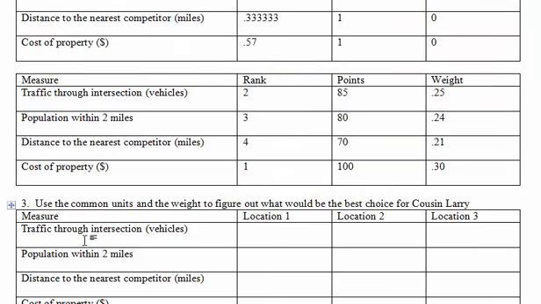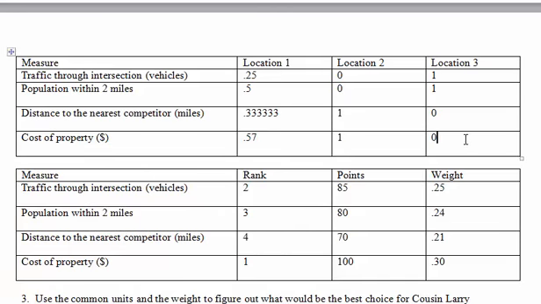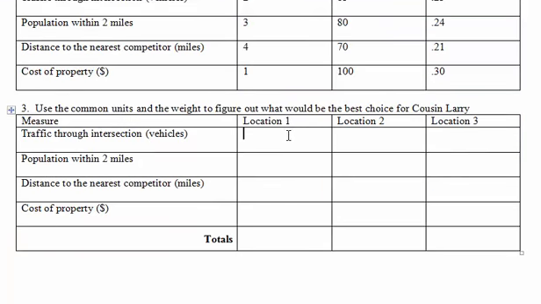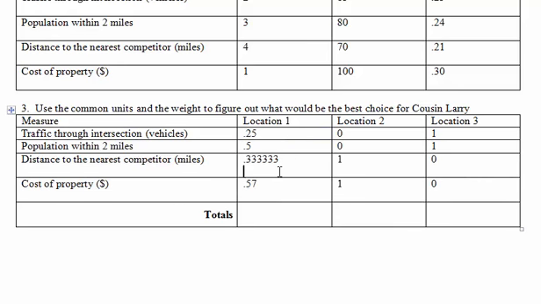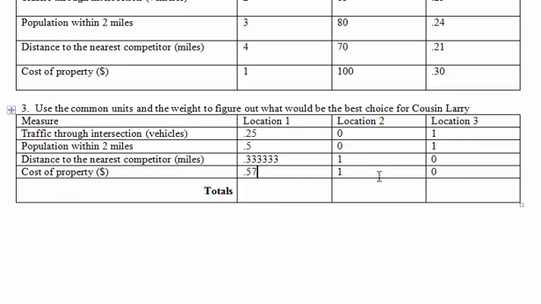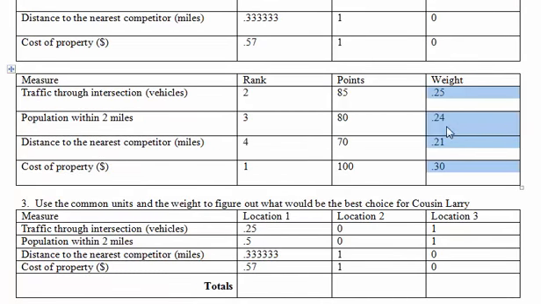So, traffic through intersections. Let's copy and paste this whole thing right down here. That's our common unit anyway. And what I'm going to do with this is multiply these by their category weights. Traffic through the intersection is worth to Cousin Larry about 0.25 of his total.